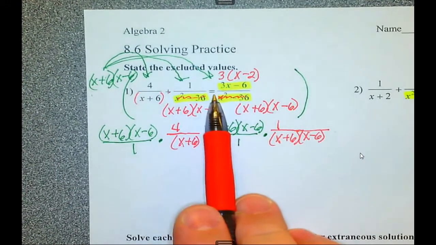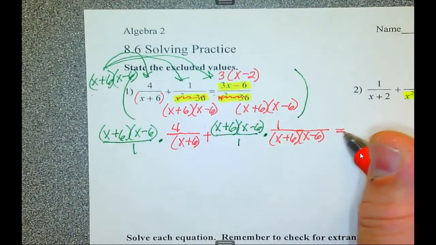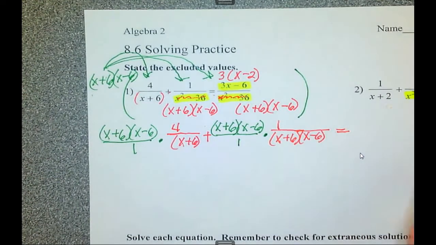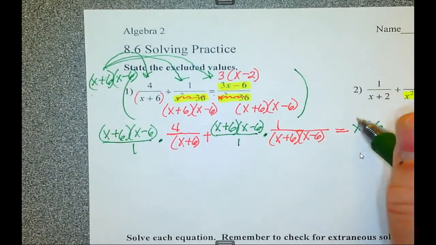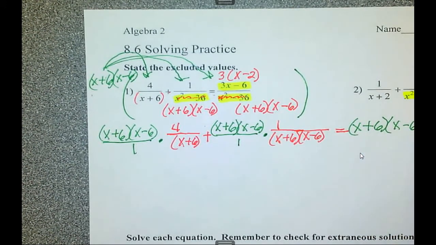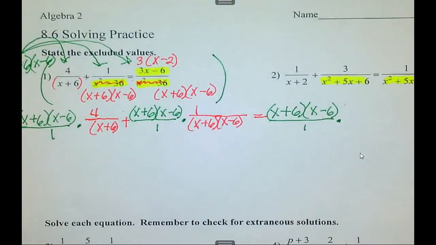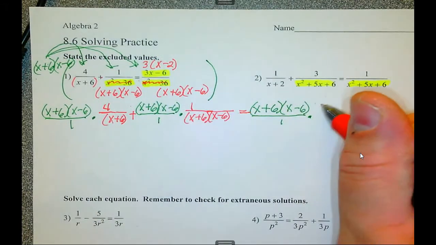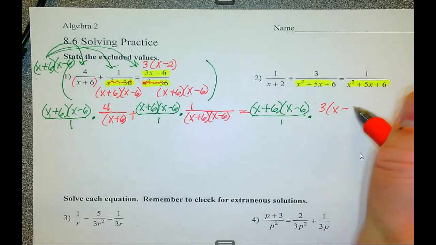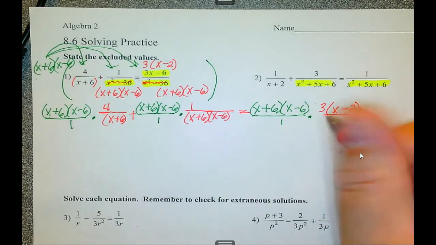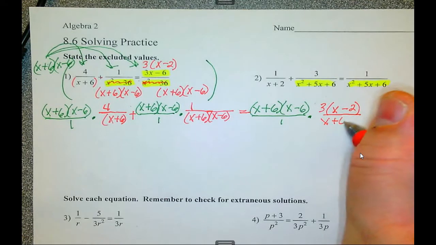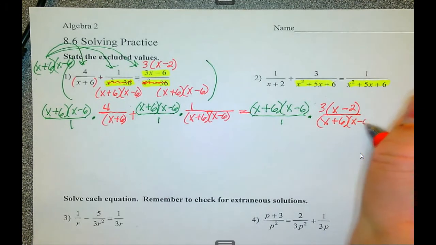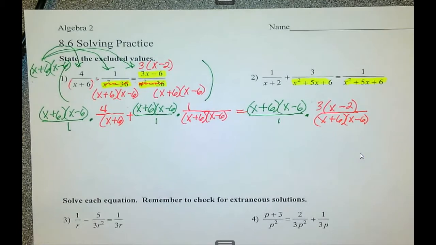And that equals, I need to take x plus 6, x minus 6 over 1 times my last term, 3 times quantity x minus 2 over x plus 6, x minus 6. Okay, any questions?